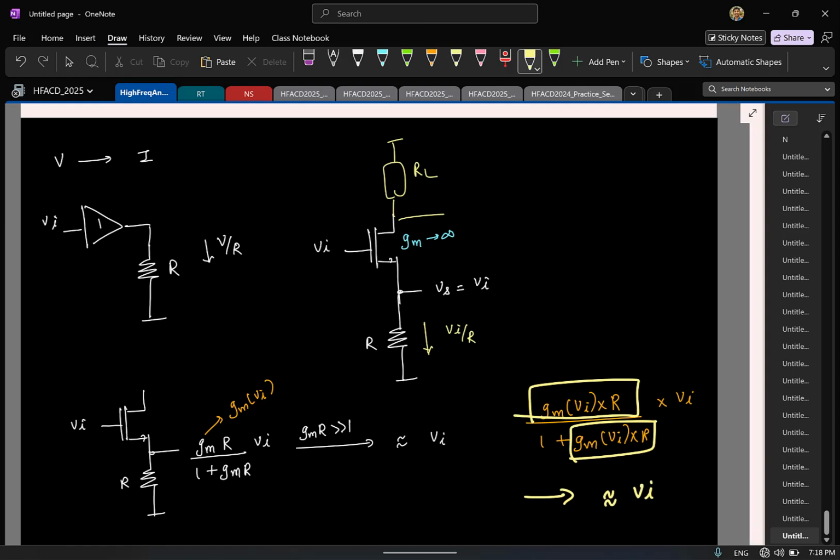That's the beauty of this. I don't care what kind of nonlinearity is in my GM. I live with the fact that the GM is nonlinear, but I come up with ways to make my overall circuit linear. That is fine as long as the product is much greater than 1. Does it make sense?